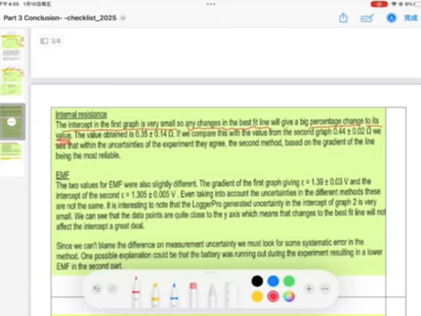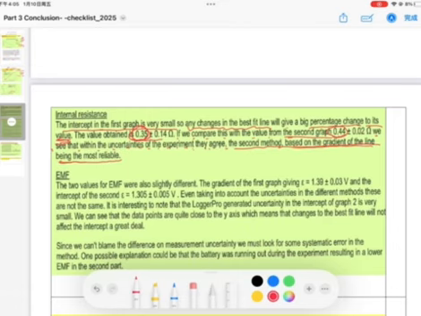The value obtained from the first graph is this one, 0.35R. If we compare this with the value from the second graph, which is this one, we see that within the uncertainty of the experiment, they agree. The second method, based on the gradient of the line, is the most reliable.